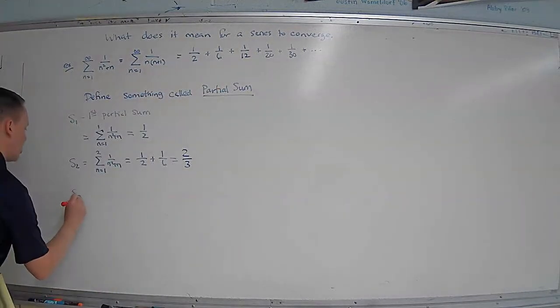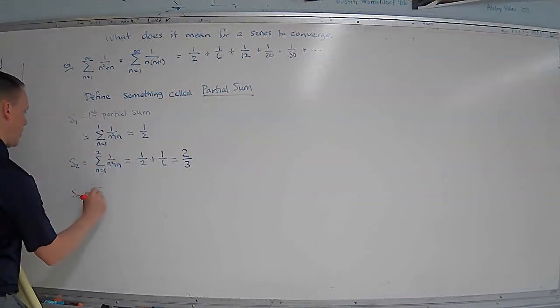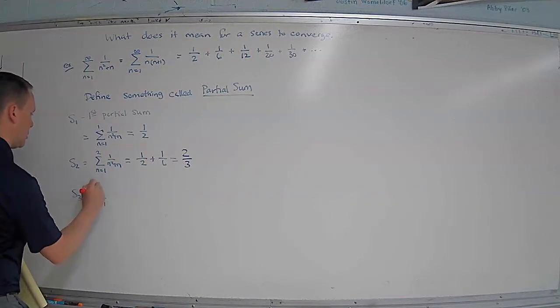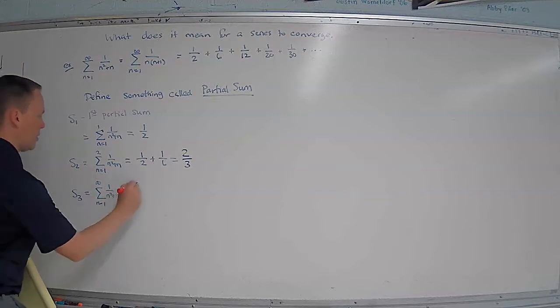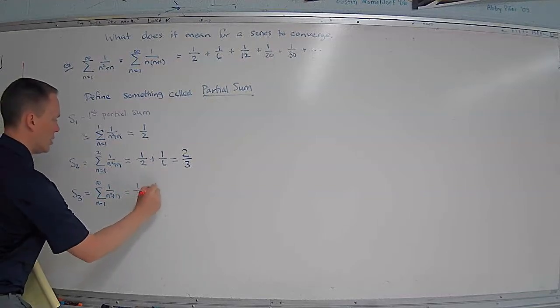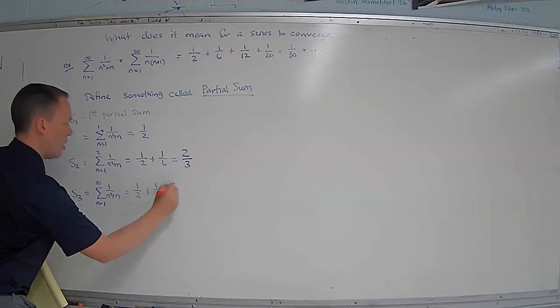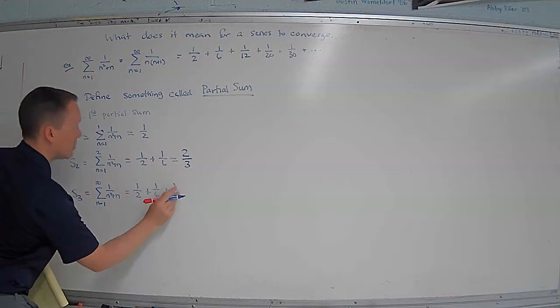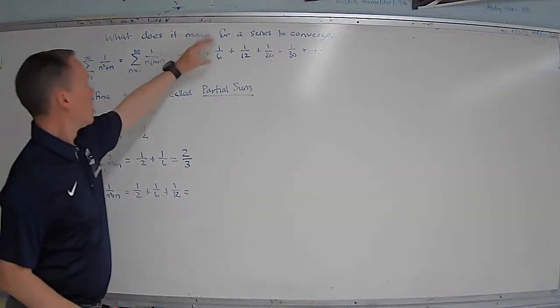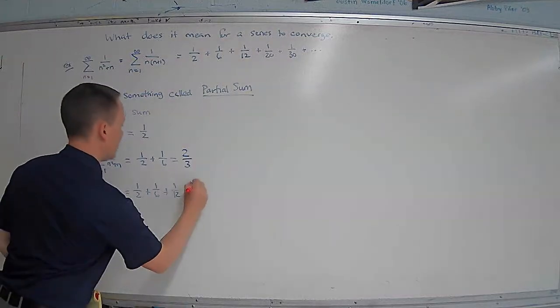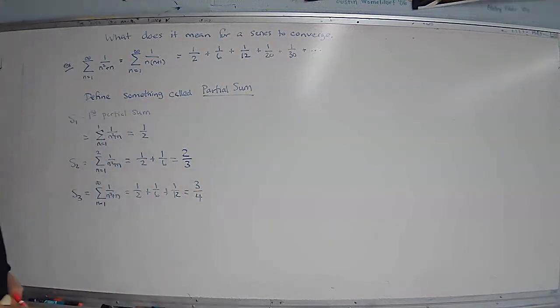Let's add up 3 terms, the third partial sum. One half, 1/6, 1/12. It's my best Pac-Man. And I get 3/4. Let's do one more.